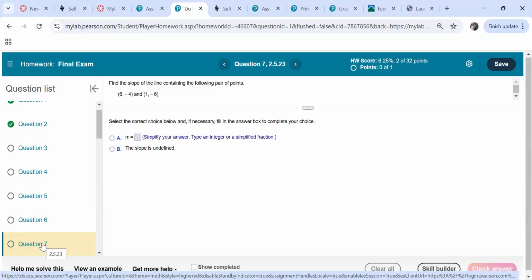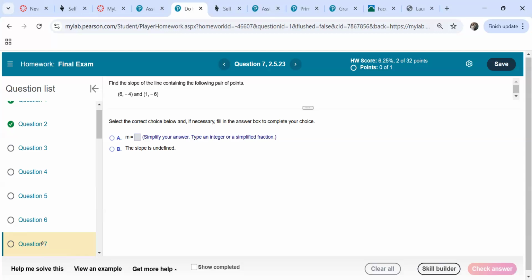Here we want to find the slope of a line containing the following pairs of points. So if we just want slope, remember these points are x1, y1, x2, y2, and slope is just my y2 minus y1 over x2 minus x1. So we said y2 is -6. So -6 minus my y1, which is -4.